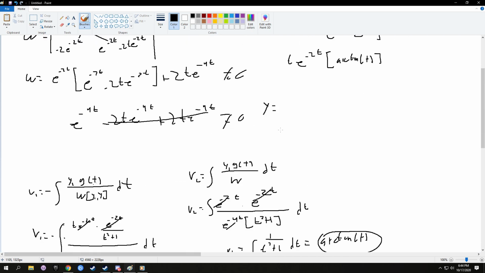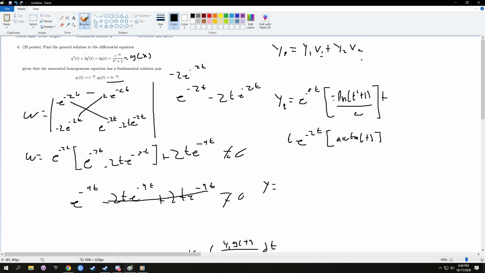So my y homogeneous is these two. These are y1 and y2, so it becomes c1 e to the negative 2t plus c2 t, and now this is my homogeneous.